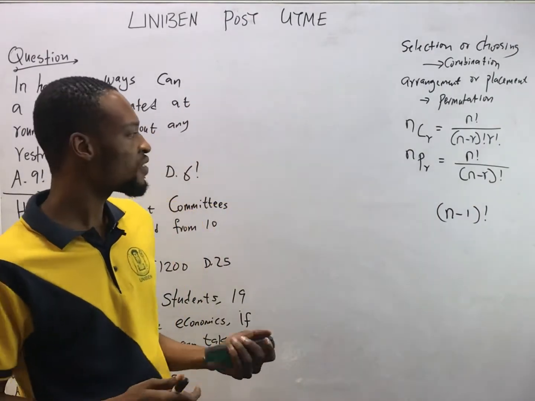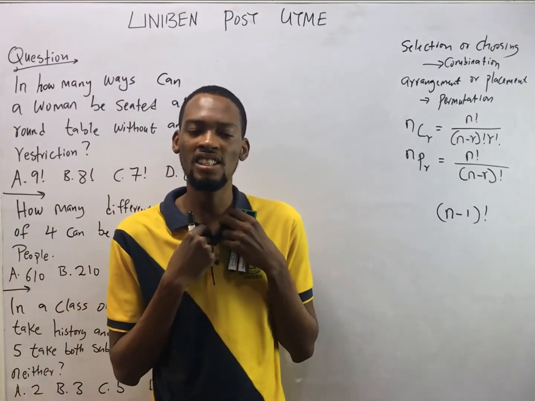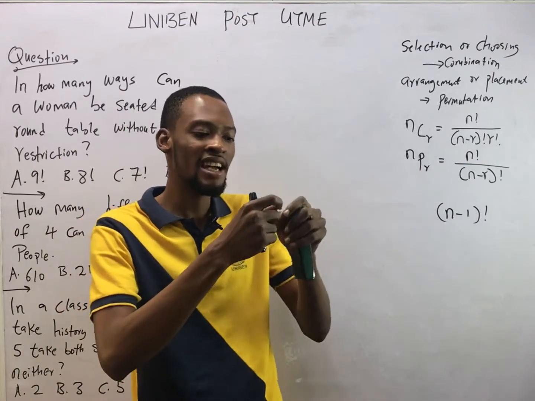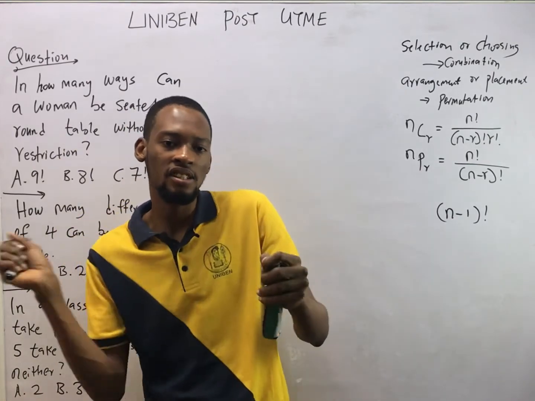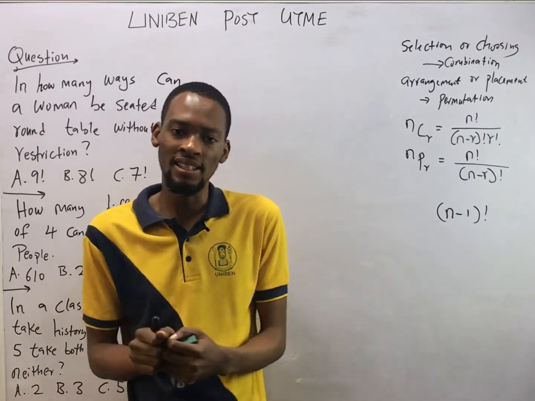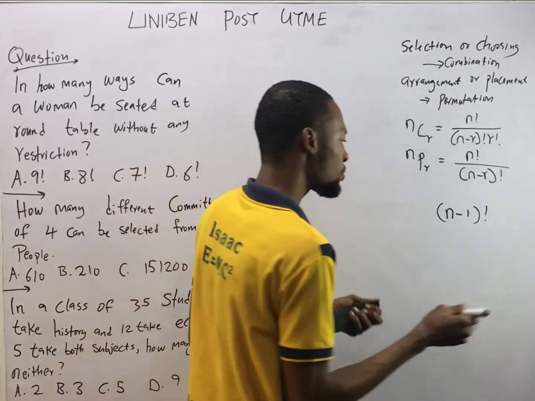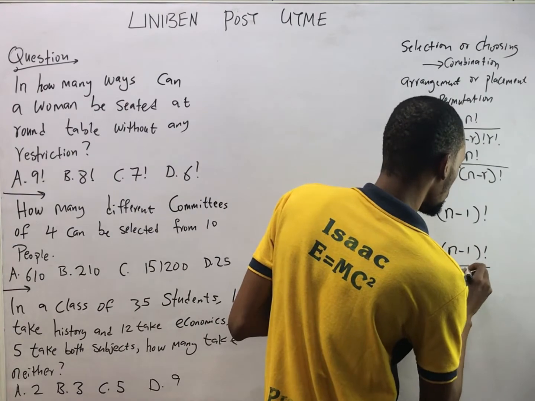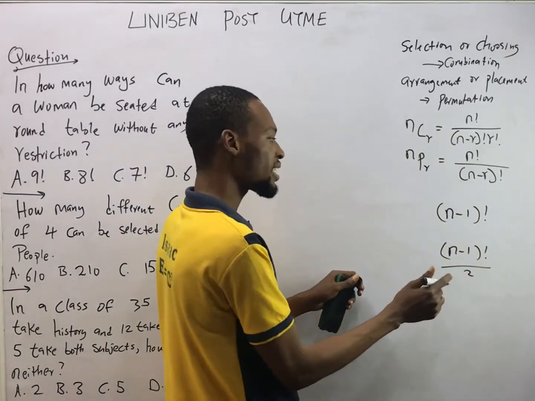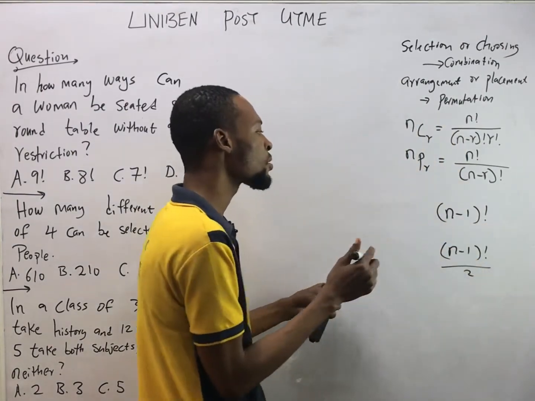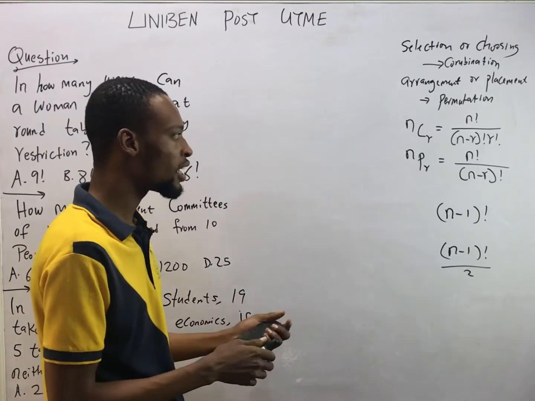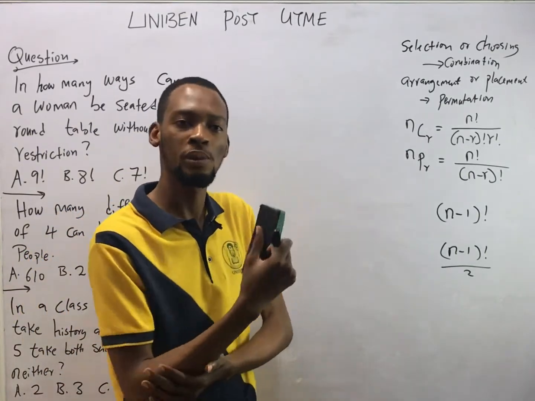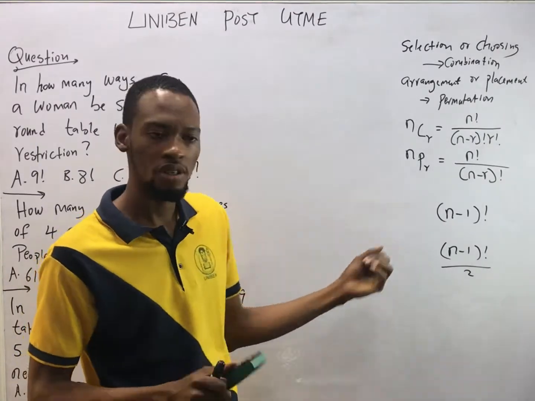But when they give you something like a bead or chain, the bead has an end that is tied, so it has 2 sides. In that case, the arrangement is n minus 1 factorial over 2 because it has 2 ends, but a circle has 1 end, so it's n minus 1 factorial over 1.